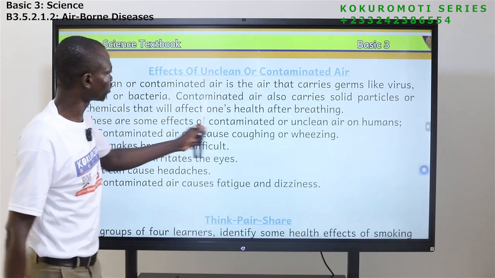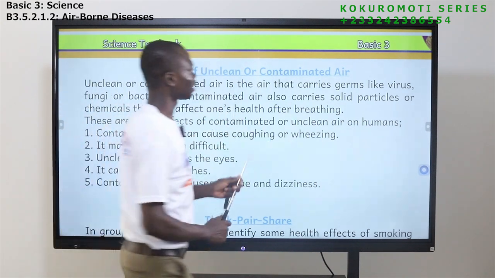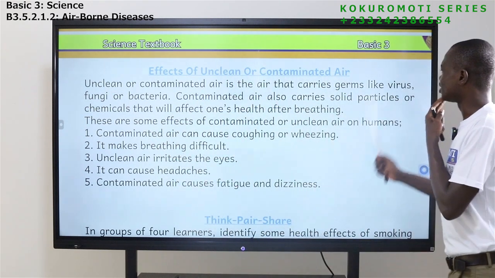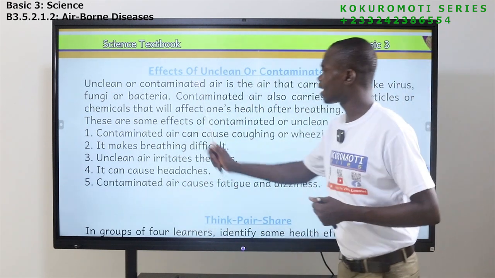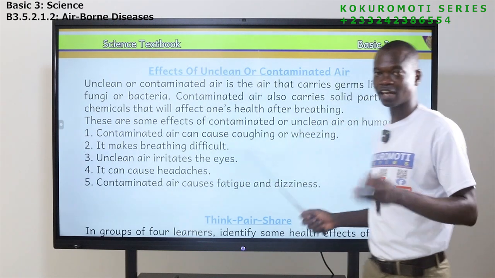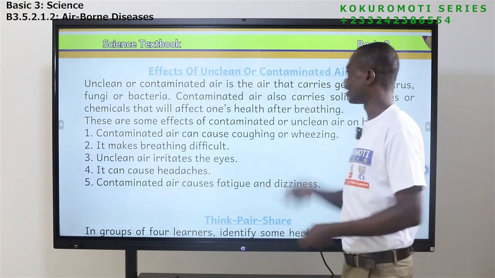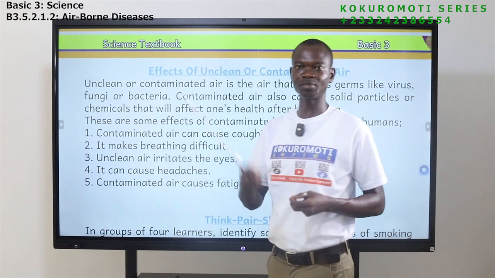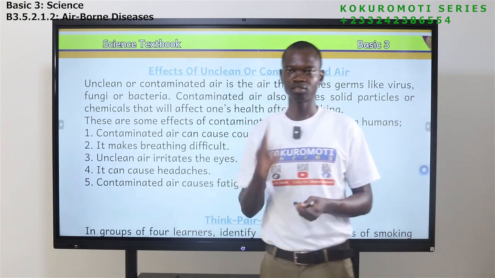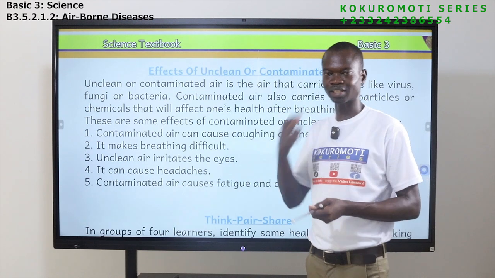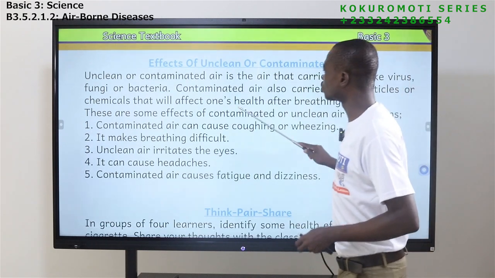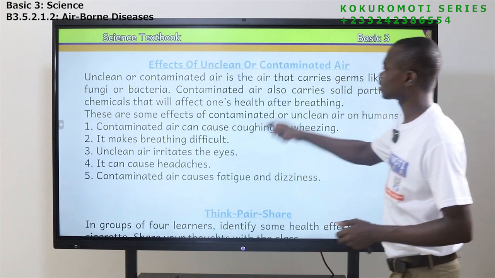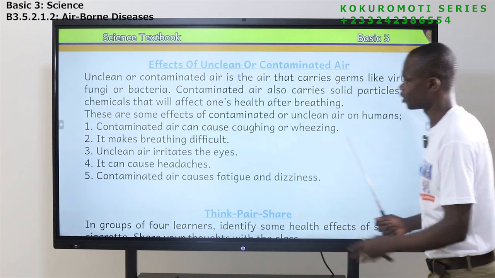Unclean or contaminated air is the air that carries germs like viruses, fungi, and bacteria. These germs, you can't see them with your naked eyes. Contaminated air also carries solid particles or chemicals that will affect one's health after breathing.